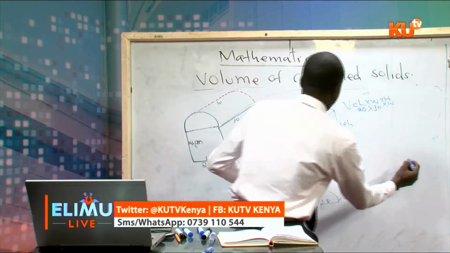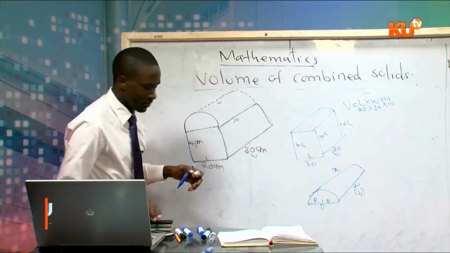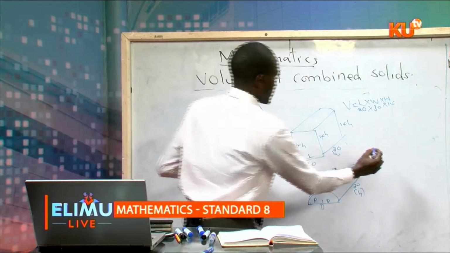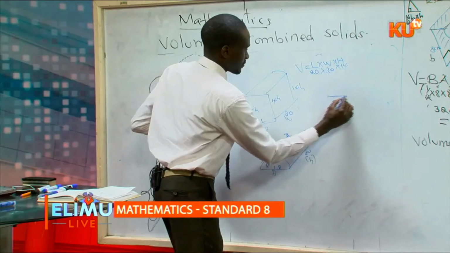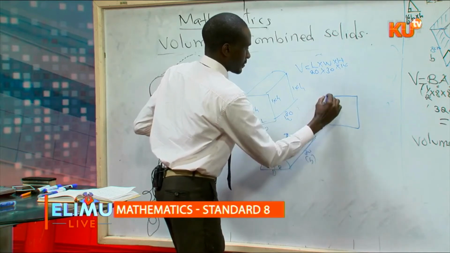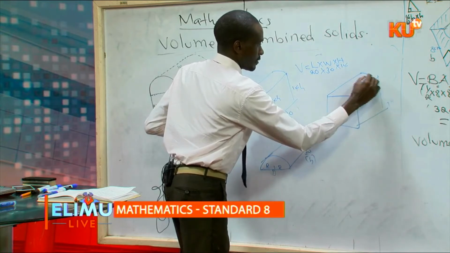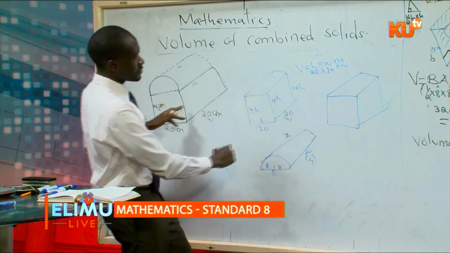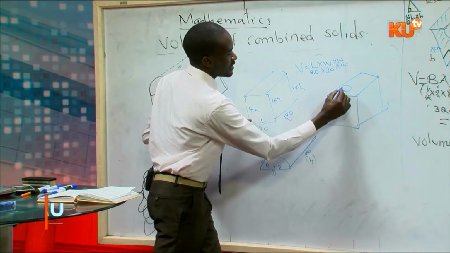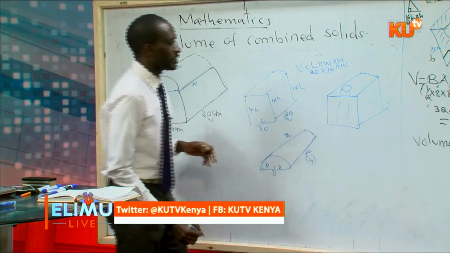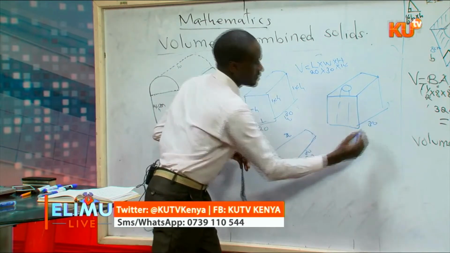For example, if you have a figure like this way, and now the cylinder which has been removed is standing, you can't still take 30.